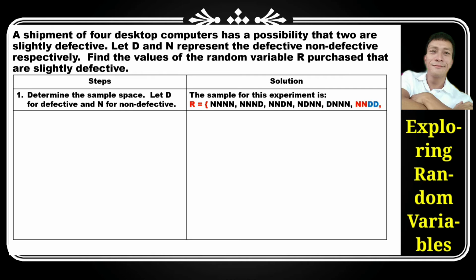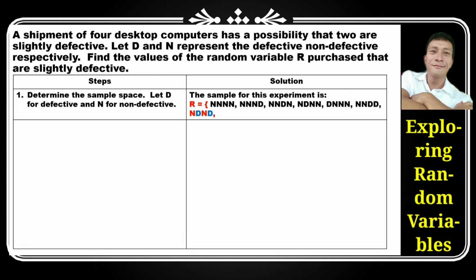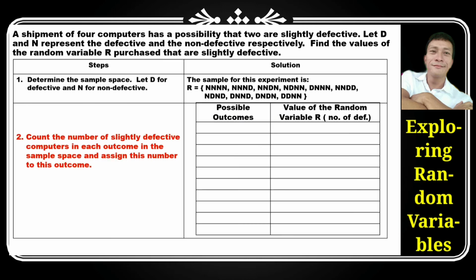And the next 5 outcomes have 2 non-defective and 2 defective computers on different positions of defective computers from first to last. If you will notice, we started listing all the possible outcomes from 0 defective computers up to 2 defective computers. Let's proceed now to step 2.